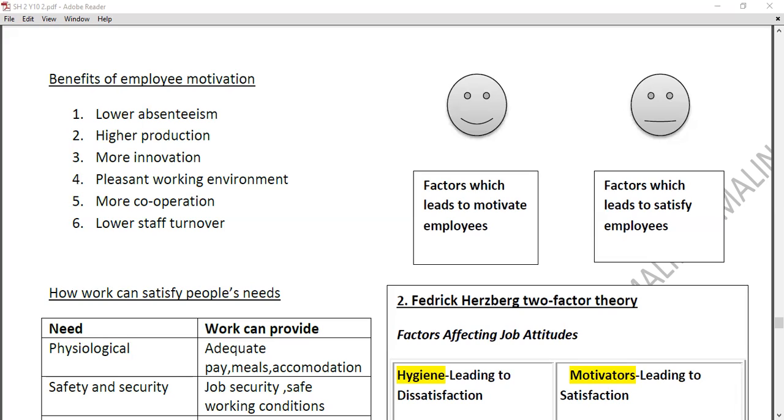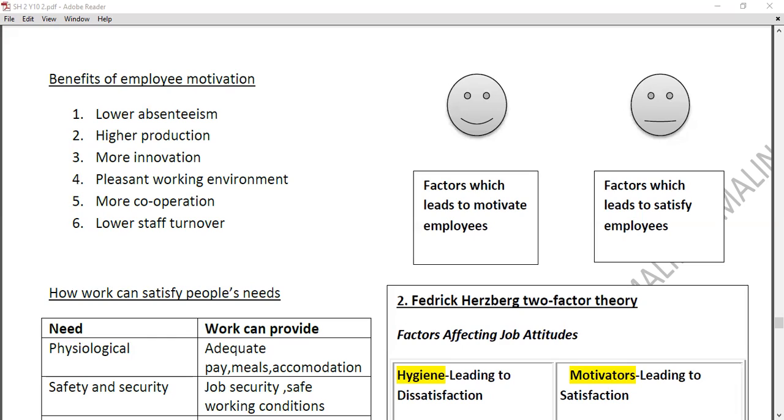As a result, job enrichment could be used to motivate workers. Furthermore, Herzberg said that the hygiene factors would not motivate workers, but if hygiene factors such as pay, working conditions, and quality of supervision were insufficient or absent, the workers would develop poor motivation.